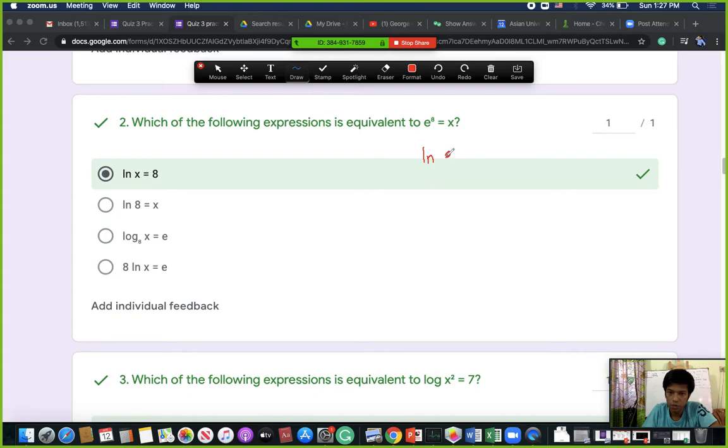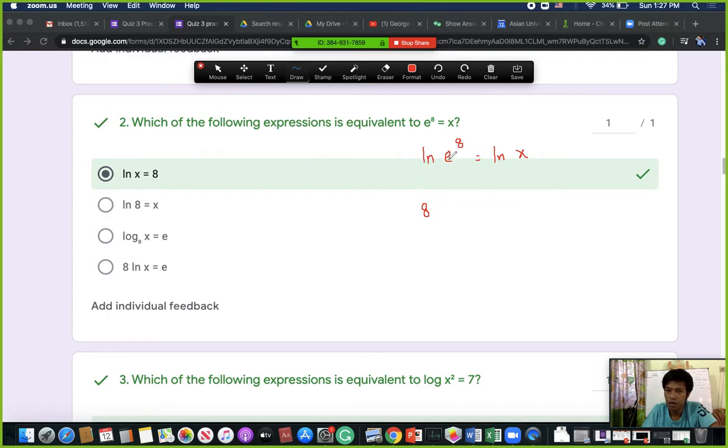So e to the power 8, and both sides we are multiplying by ln x. If there is something as a power, just as I discussed in the previous math, it will come to this side. 8 will come here, and this is ln e.